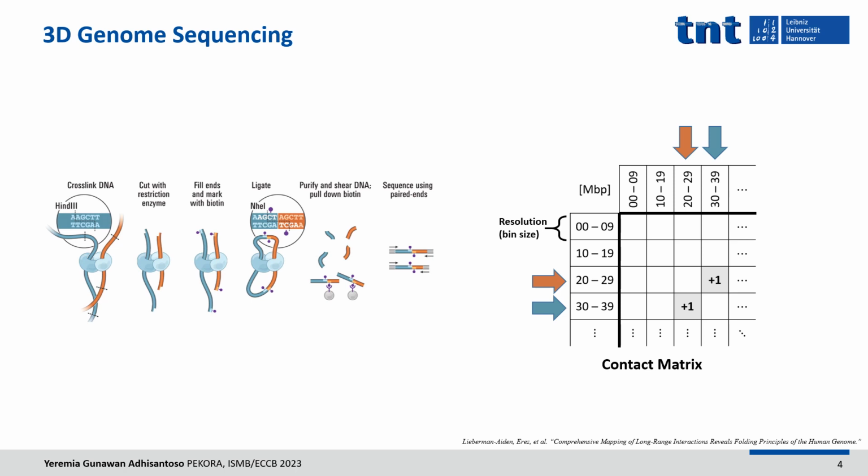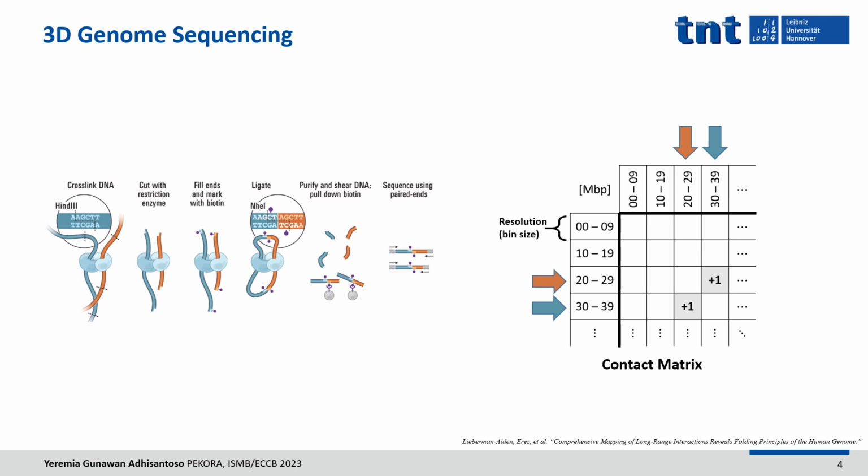In order to reveal the interaction between enhancers and promoters, and also to reveal this kind of structure that I already explained earlier in our genome, we do the so-called chromosome conformation capture. Here we call it 3D genome sequencing. First, loci or regions of the genome that are close with each other are captured by cross-linking the DNA.